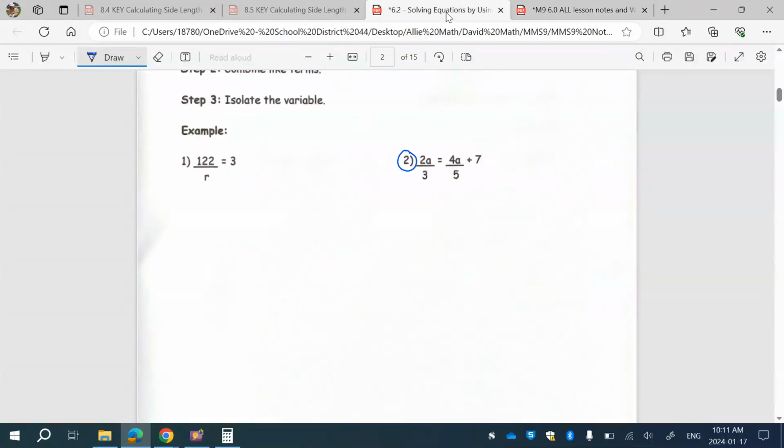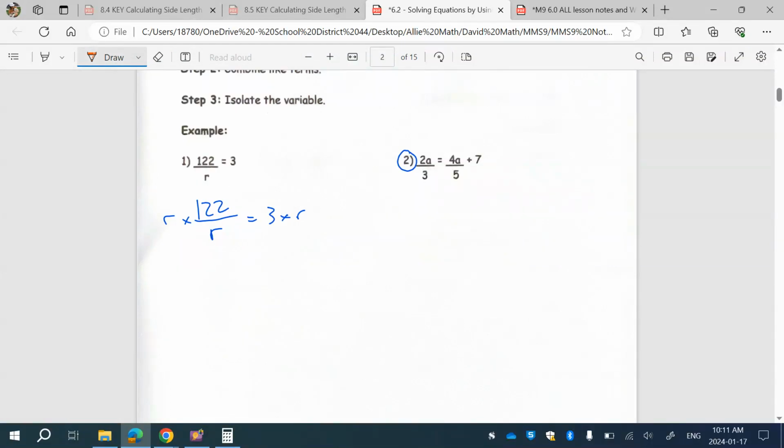So this first one, we want to get rid of this. So we're going to multiply each side by r. So I'm going to write it down here so we have enough room. 122 divided by r equals 3. Let's multiply each side by r. This is going to end up becoming 1.